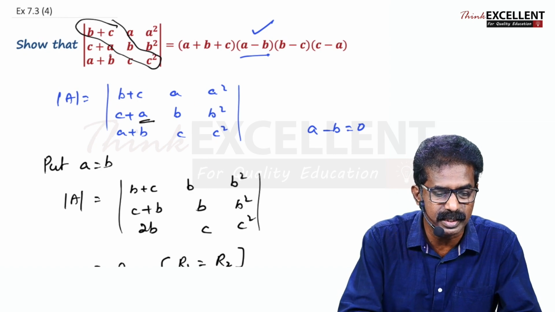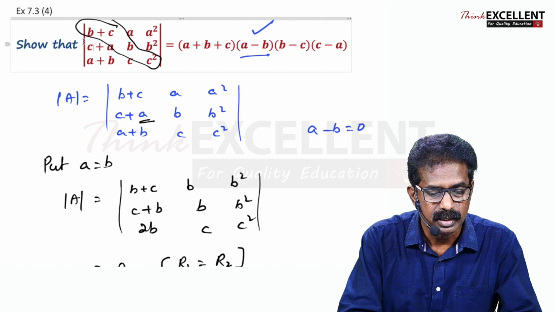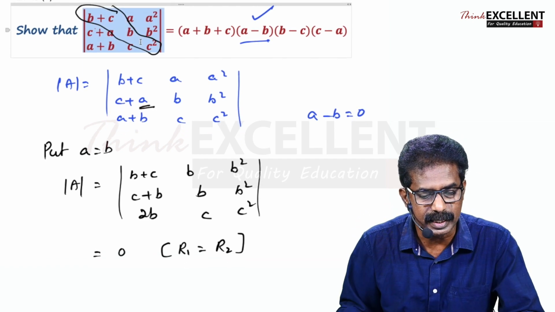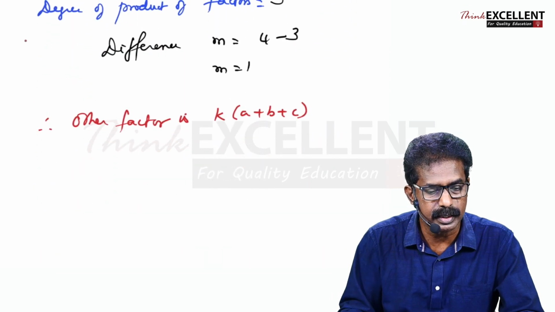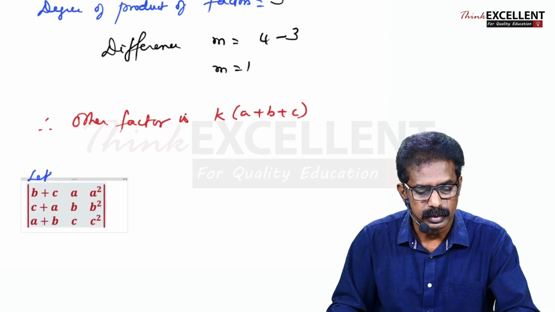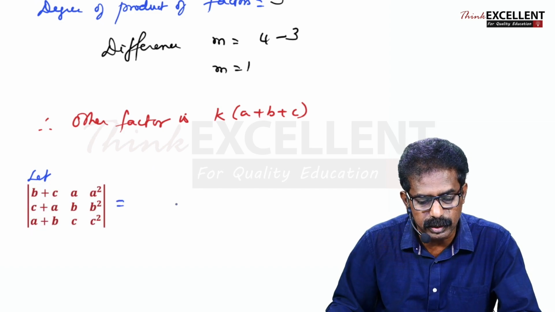Now we have to find that K value, right? For that we have to give a substitution. So before that, we write the LHS. This is the question, equal to, already you got which factors?